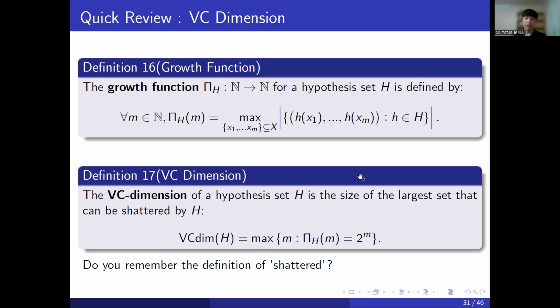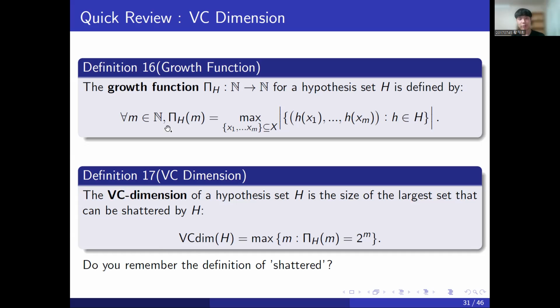So the next part I wanted to introduce is the VC dimension, which was one of the topics of last week's presentation. So let's do a quick review of it. First, we need to know about the growth function. The growth function is a function from the set of natural numbers to the set of natural numbers for hypothesis set H, defined like this.